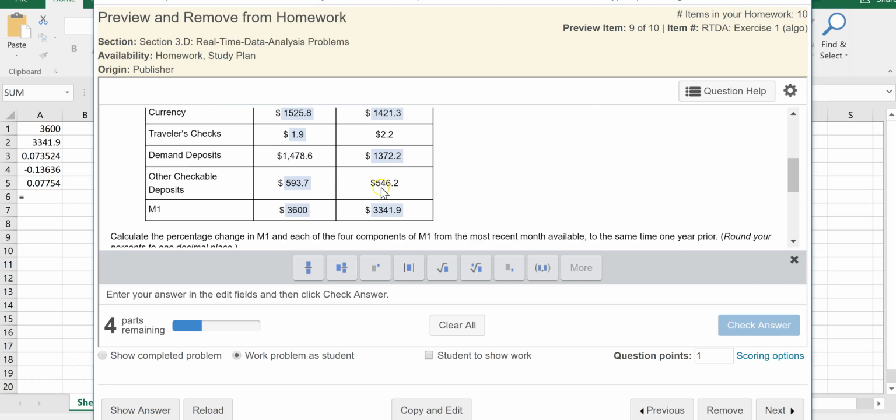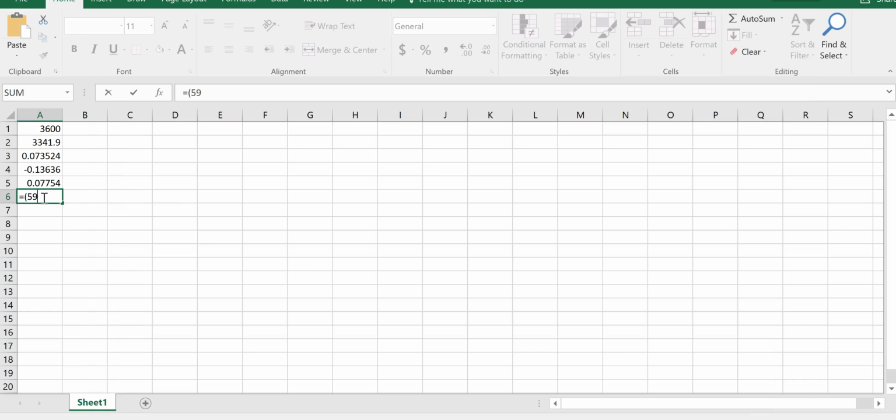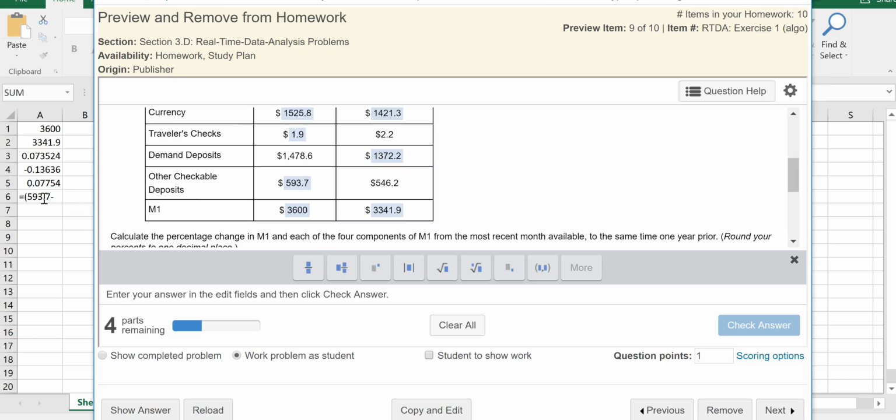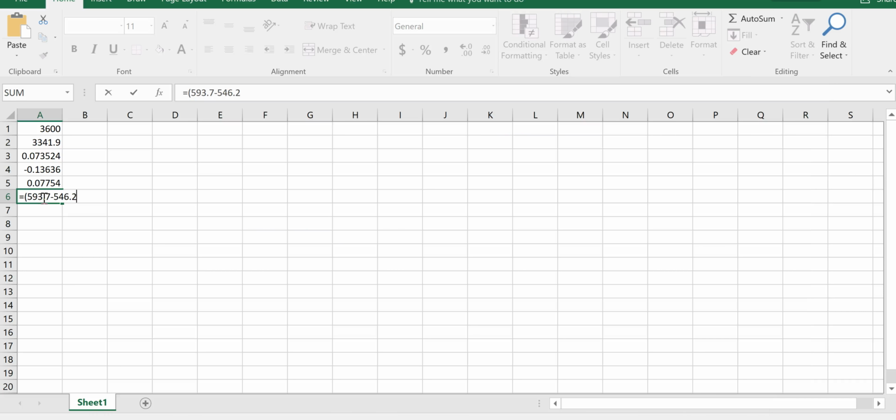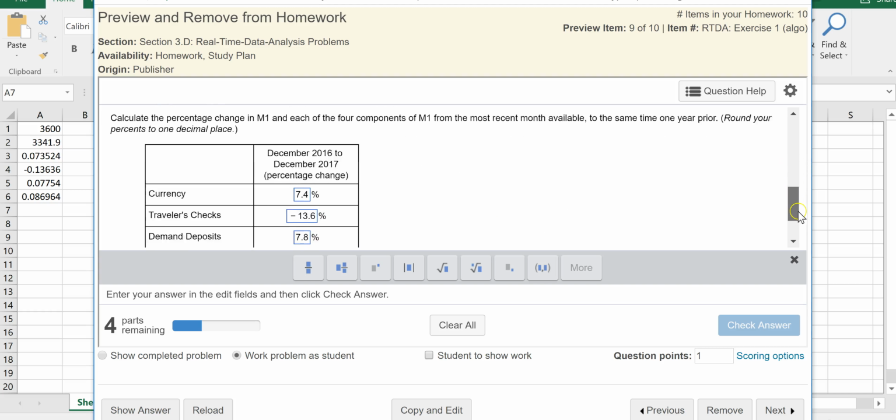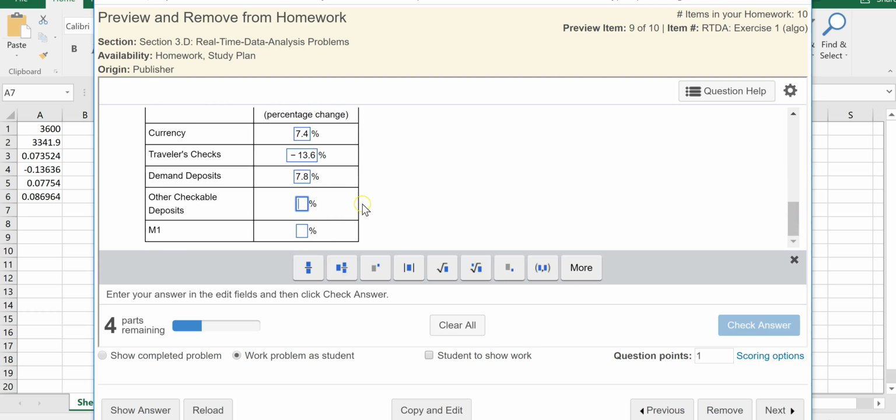So it goes from 546.2 to 593.7. So that's 593.7 minus 546.2 over 546.2. That will give you 8.7%. And finally, the M1.